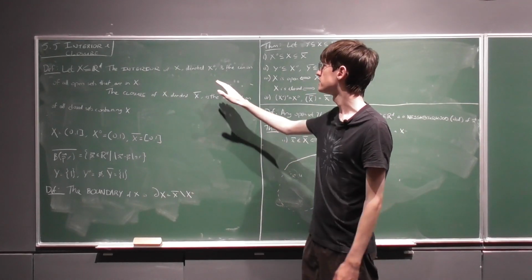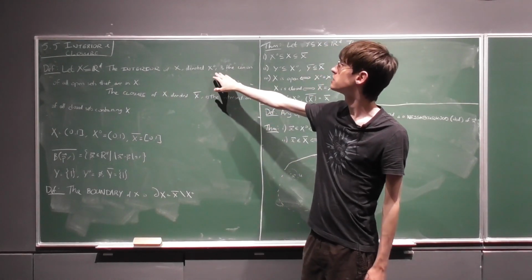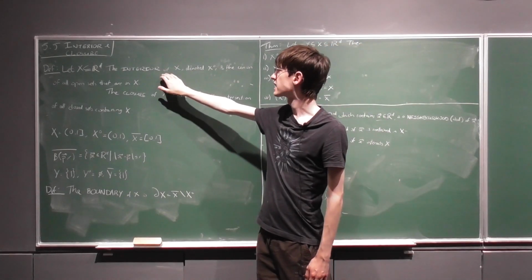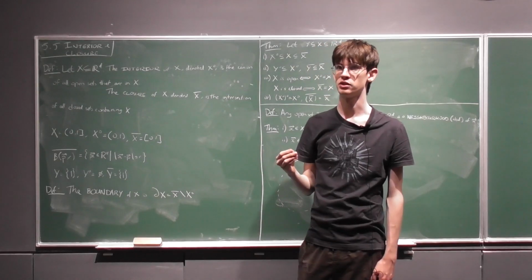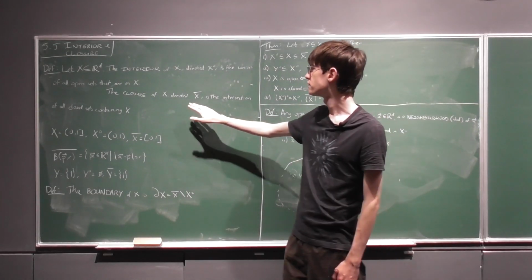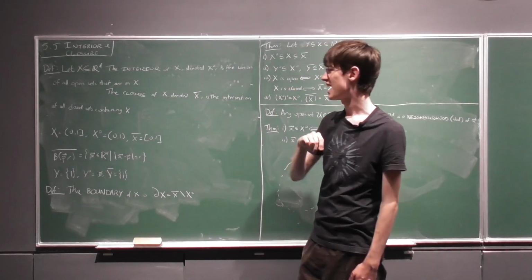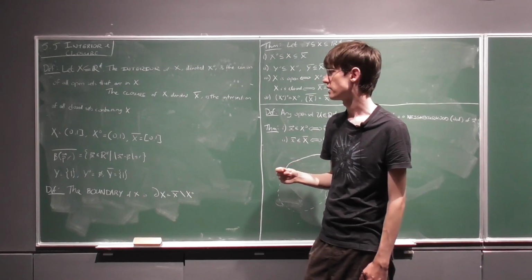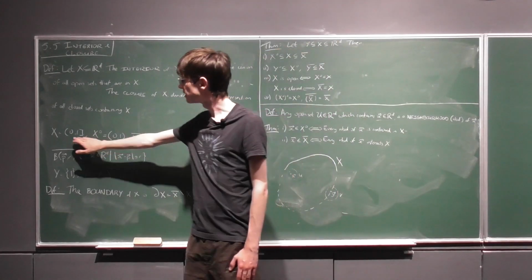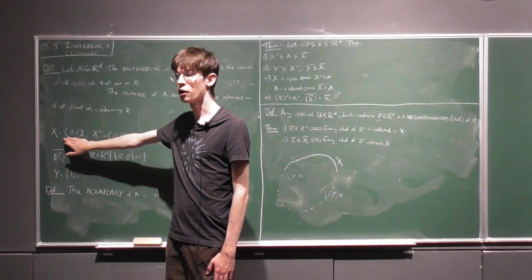So it's the smallest closed set containing X. So the idea behind the interior is to basically remove as little as possible from X until X becomes open. And for closure, you add as little as possible to make X closed. So I've done that here with this interval, which you've seen is neither open nor closed.